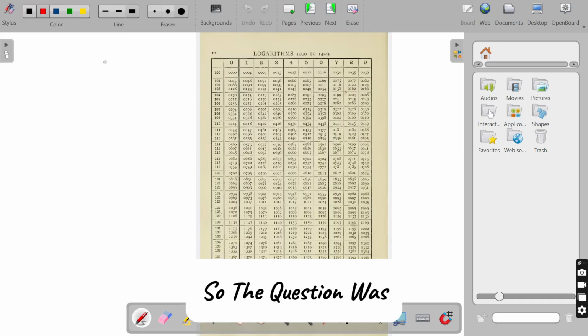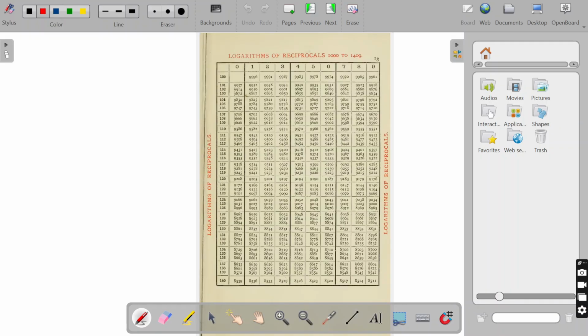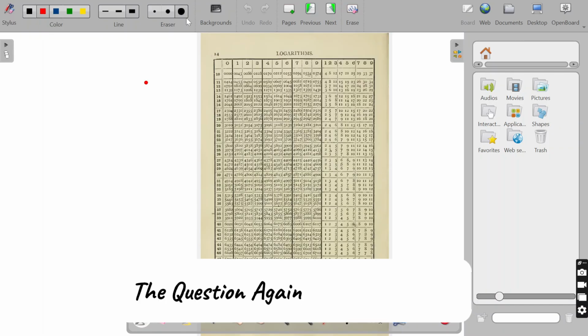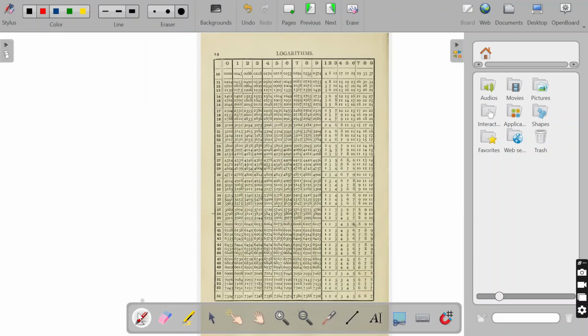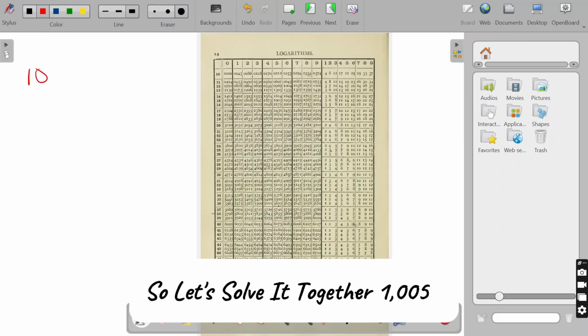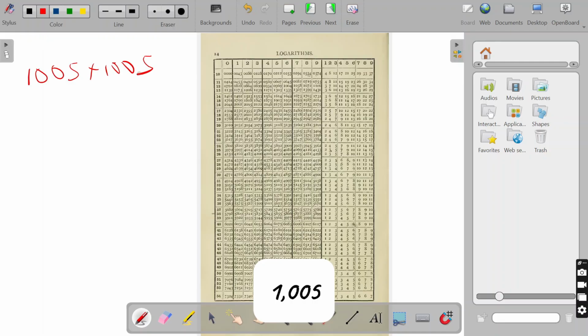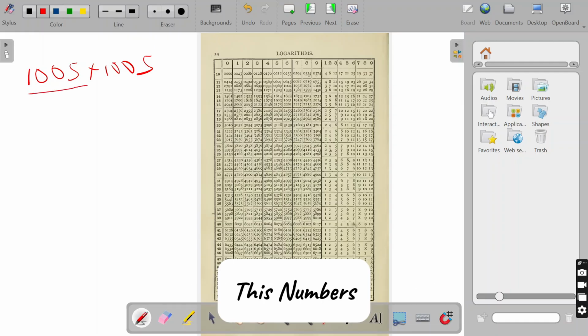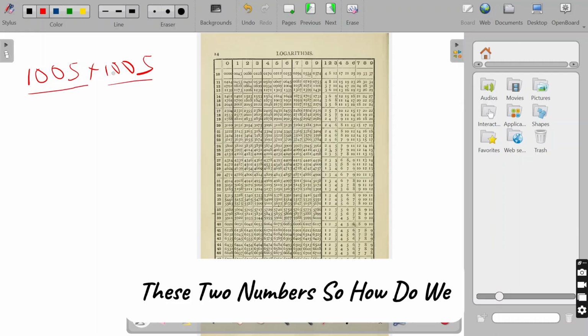The question again is 1005 times 1005. So let's solve it together. We have to find the logarithm of these two numbers. So how do we treat this?